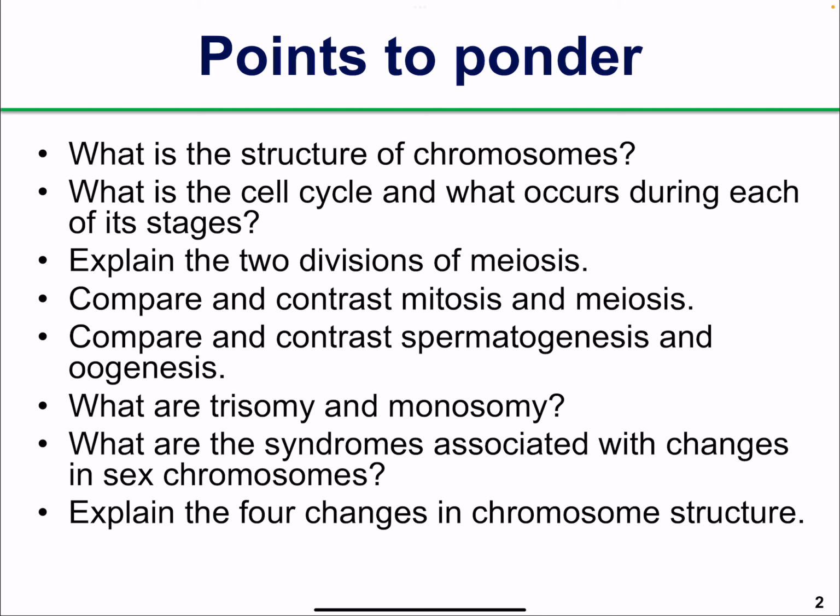Now, during cell division, things do not always go as planned. There are some events, including a particular type of event that we call non-disjunction. I would like you to know what a non-disjunction event is, because this is going to allow us to address situations when gametes have either too many chromosomes or too few chromosomes, right?